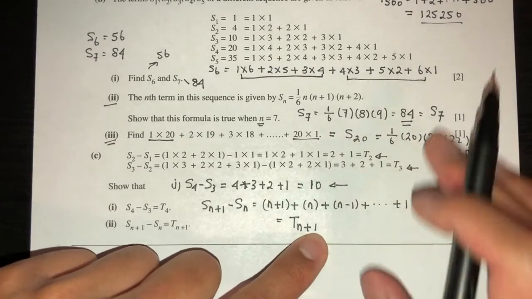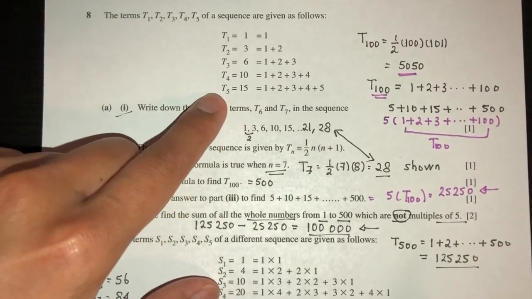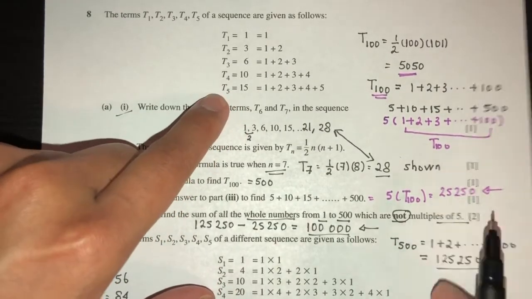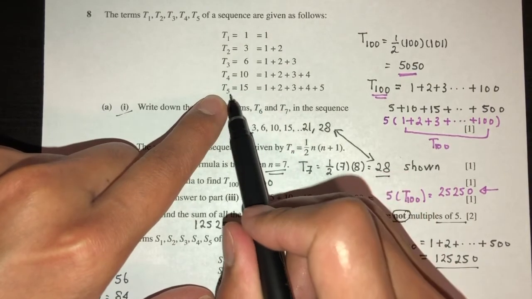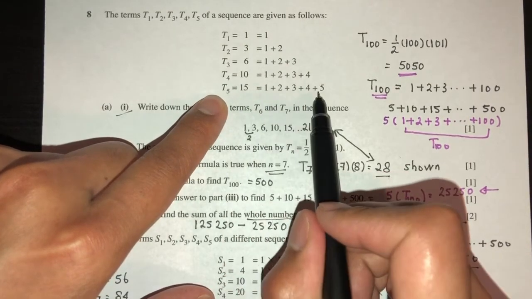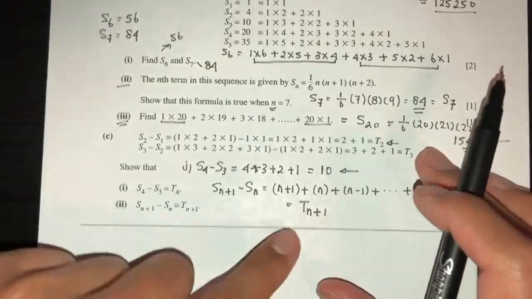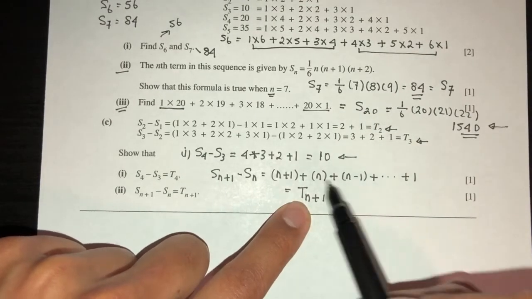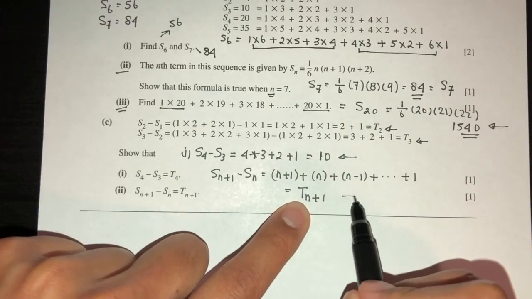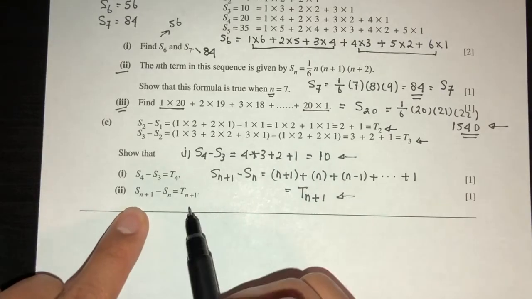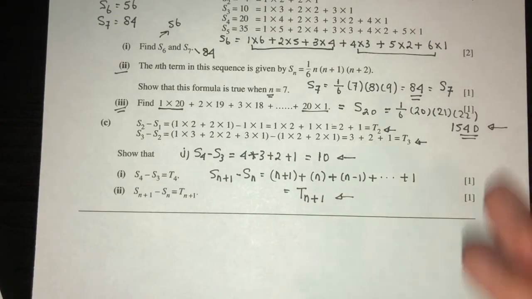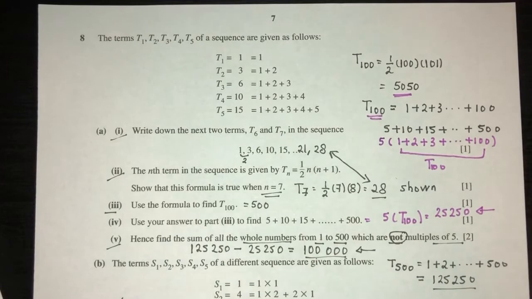Because as you can see from your first part, Tn is an equation where you have to add 1, so T5 is 1 plus 2 plus 3 until 5. So same way, T(n+1) is 1 plus until you plus this term. So that is T(n+1), shown as required. And that will be question number 8.